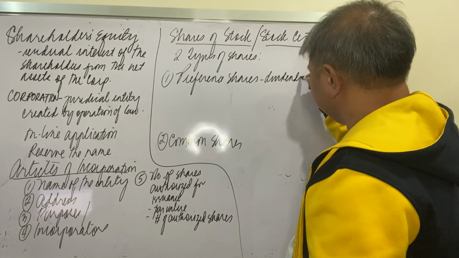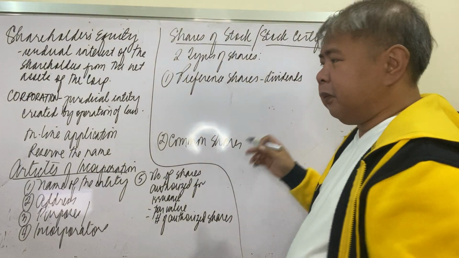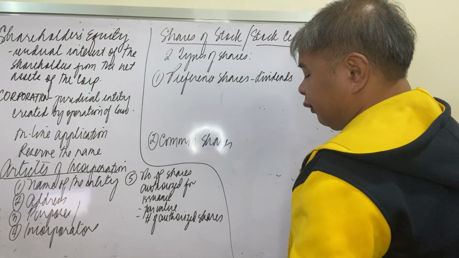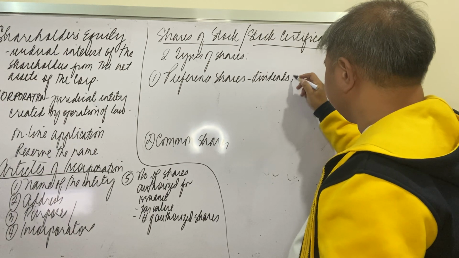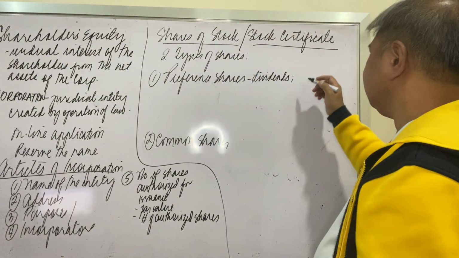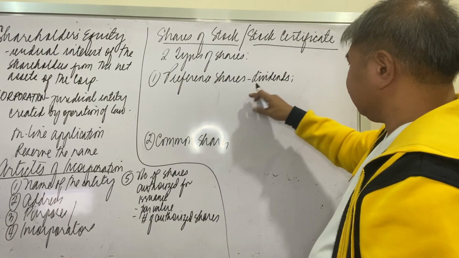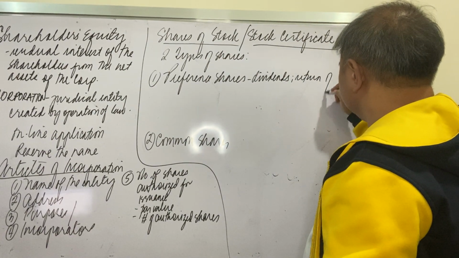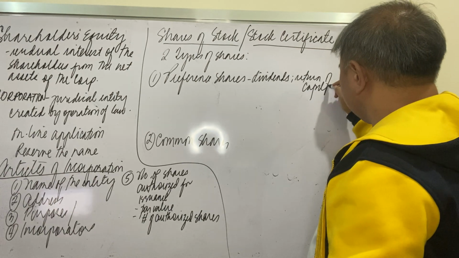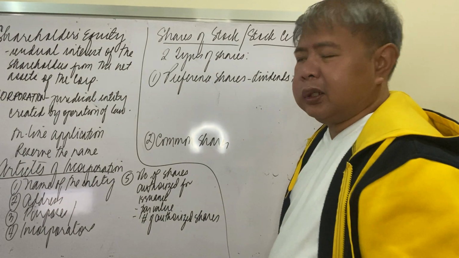The dividends of the preferential holders will have to be paid or settled first before the dividends to the common shareholders. And in the event of liquidation, you have to settle first the return of capital to the preferential holders, okay?